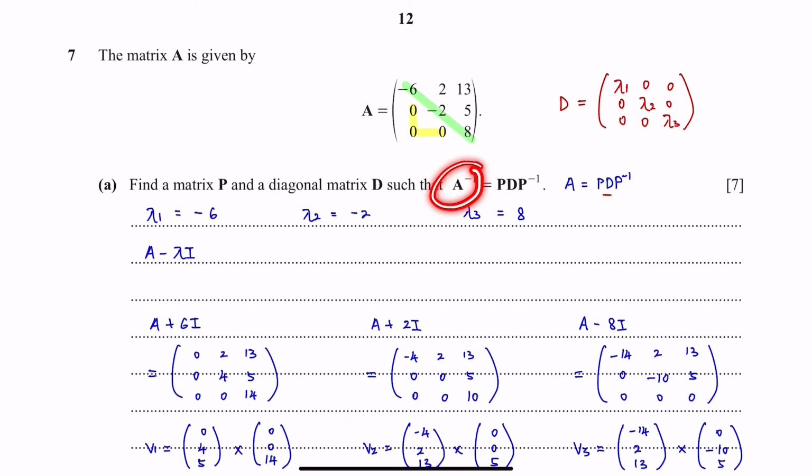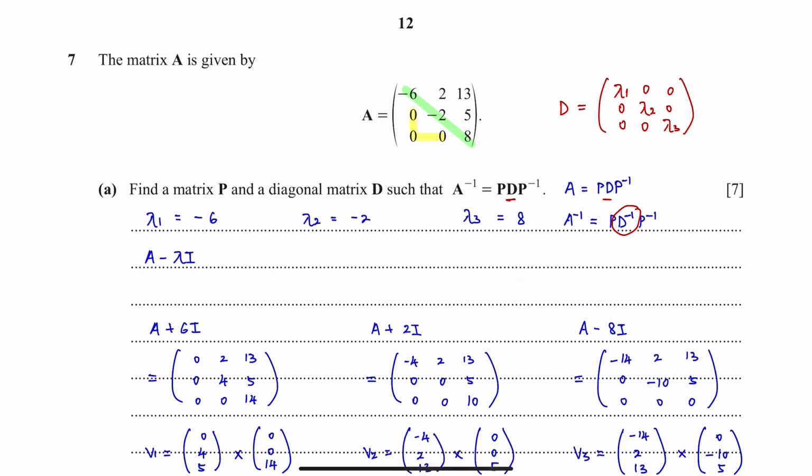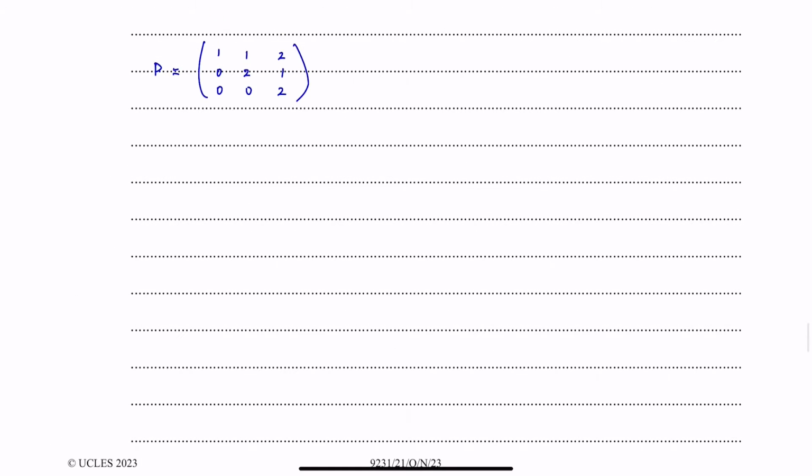We have the inverse of A. So now, the inverse of A is basically just P, inverse of D, and inverse of P. So the inverse of D is now your D. So we can write it like this.